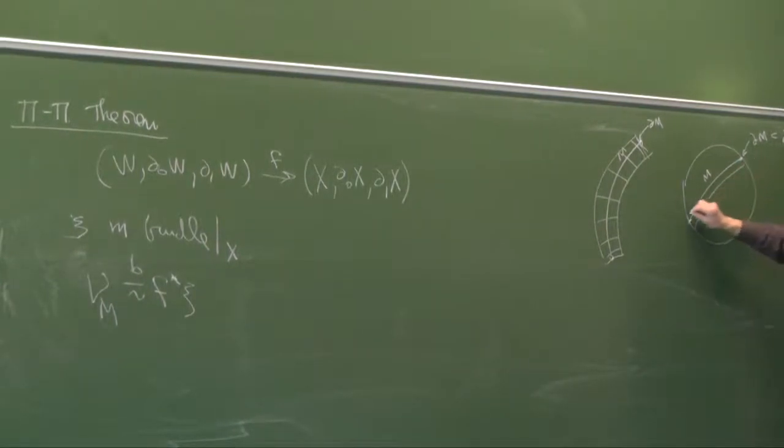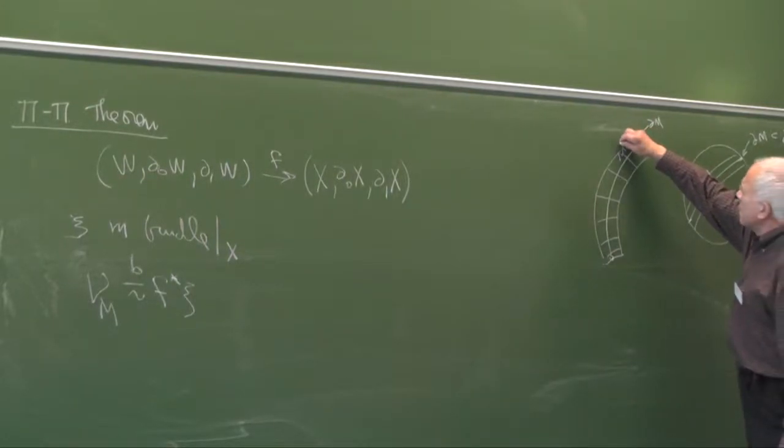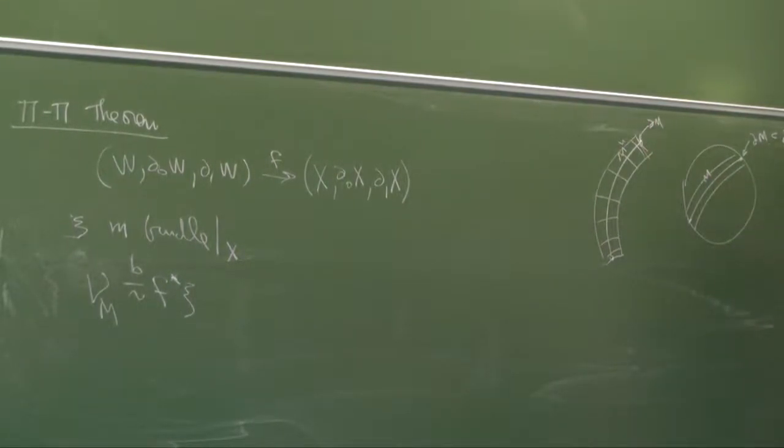And then the normal bundle is a regular neighborhood. So N means W, right? Well, I'm thinking of M as having dimension n. Well, this is just discussion for the normal bundle of a manifold with boundary.